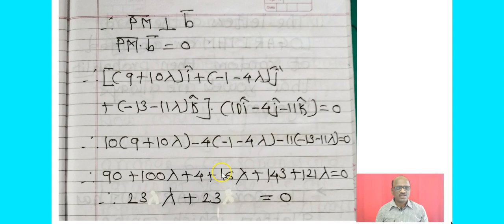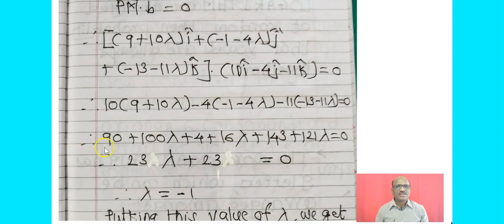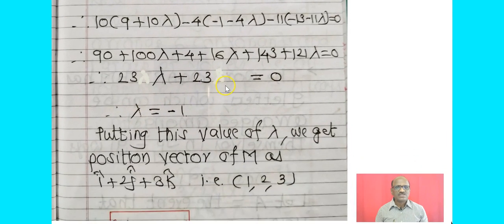That is 90 plus 100 lambda plus 4 plus 16 lambda plus 143 plus 121 lambda equals 0. After simplification, you get 23 lambda plus 23 equals 0, and hence lambda is equal to minus 1.